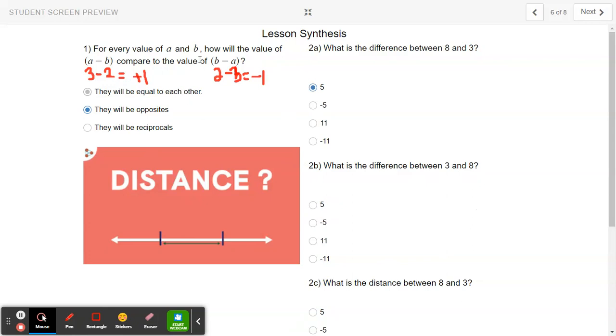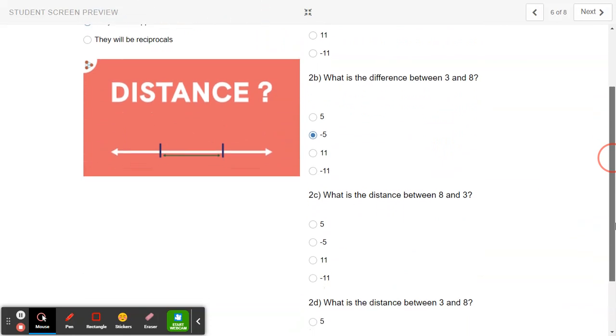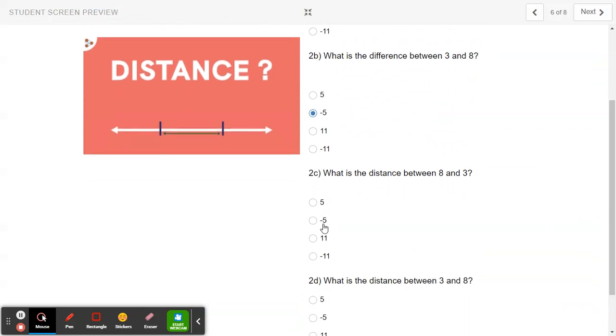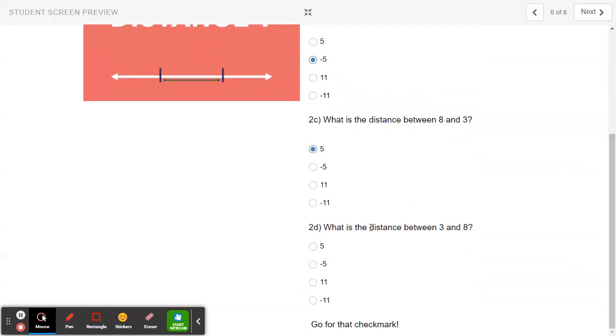Well, I can use what I learned here to answer this. It's the same thing except it's flipped, so that means the answer is going to be a 5, but it's negative 5. What's the distance between 8 and 3? Positive 5. What's the distance between 3 and 8? Well, the distance, no matter what, is the same size, so that's going to be just positive 5.